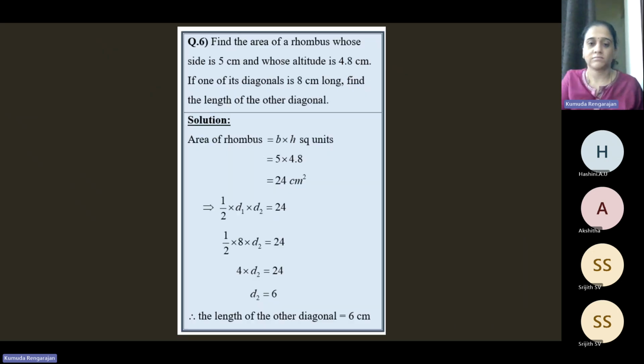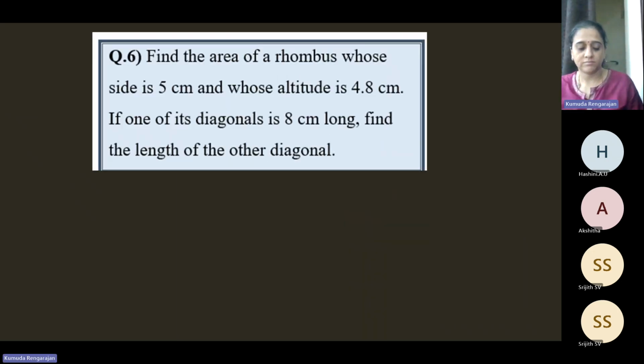Answer 24. And 5 into 4.8. This into height.